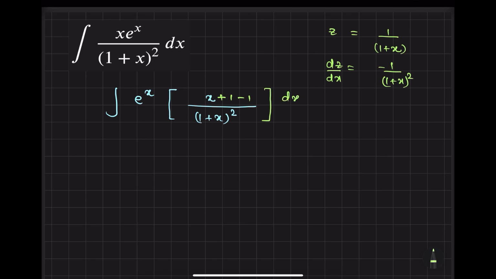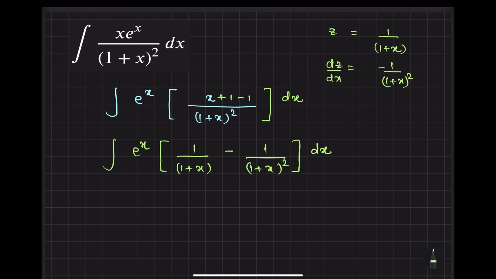Okay, now look at how I will approach this. So e power x, and I will be writing these two components. It will become 1 by 1 plus x, and then we will be having 1 by (1 plus x) whole square.